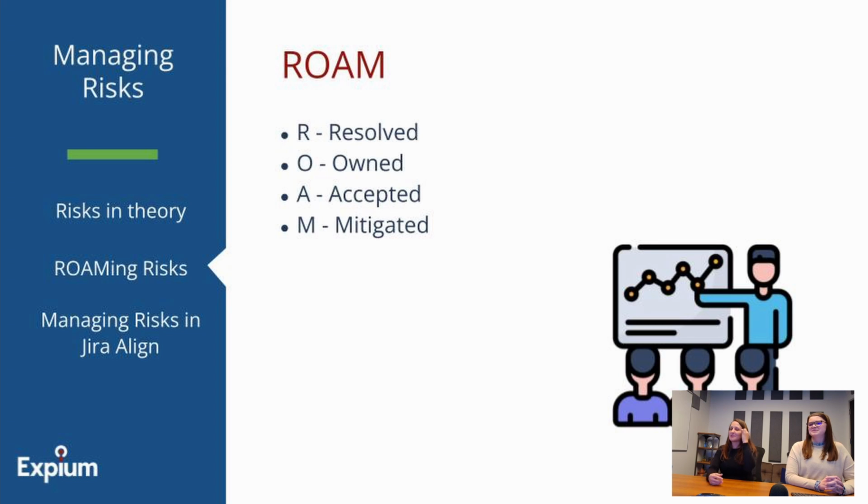Real life example. Last week I was helping a team at a planning event, and there was a risk that an Agile team had. They were developing software, and they were going to use a new technology that they weren't familiar with.